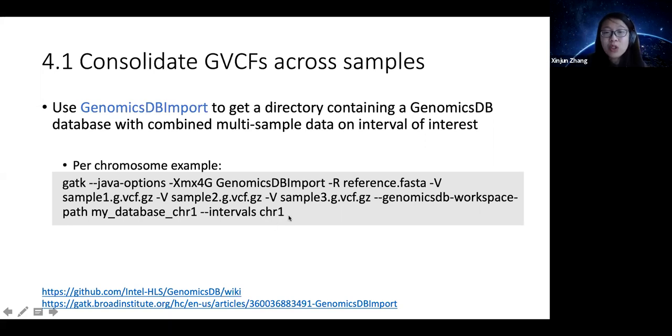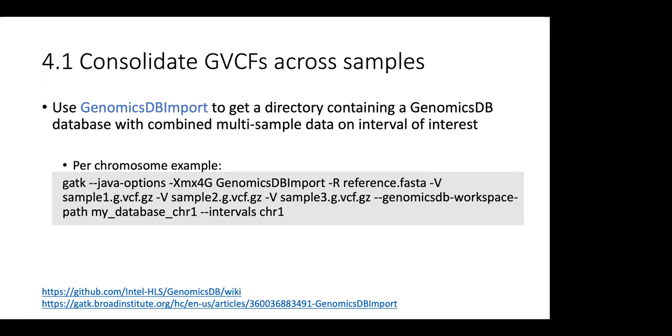So instead of just saying 20 as my interval, you can say 20 colon, and say 10 megabase to 40 megabase. So it really depends on what you're looking for. If you want separate chromosome VCFs, you can just specify the entire chromosome here. Does that answer your question? Yes. Okay, cool.